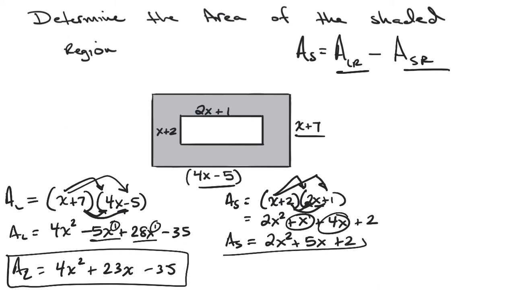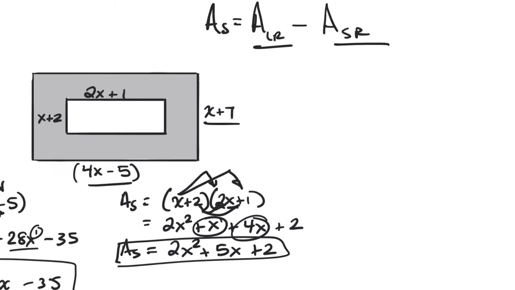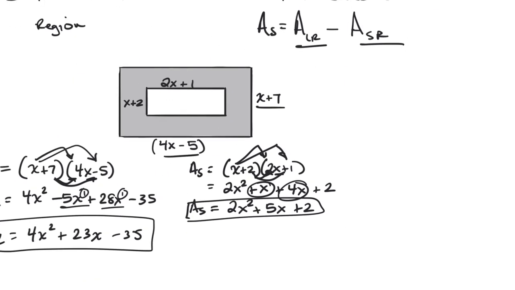Now, I did all that work, but yet I'm not done, because what I now have to do is subtract them. So now what you need to remember is polynomials are groups of expressions. So when I do this particular problem, I'm going to move this over a little bit so I have some space to write. When you have groups, you must subtract the groups.